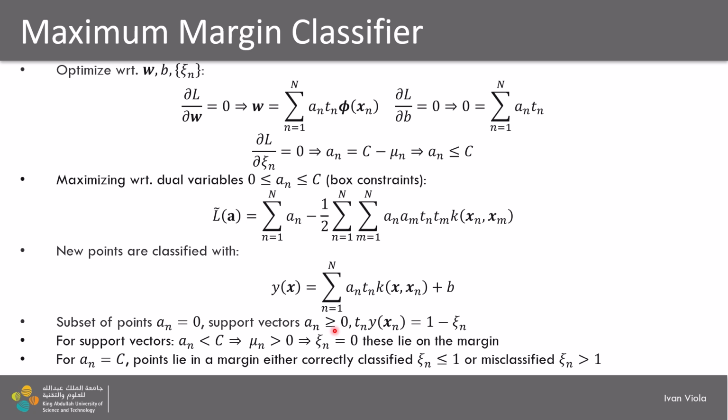For those, the following formula needs to be satisfied, which characterizes, for example, the value of the slack variable.